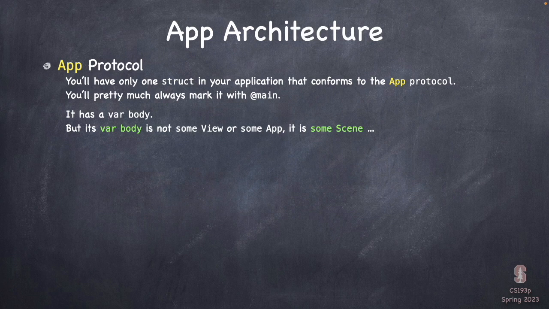So app is just a protocol, just like view is a protocol. It seems very similar, actually, when you look at your @main program and you have your emoji art app. It has a var body, just like view has a var body, but the type of the var body in app is some scene, not some view, some scene. So your app is structured as you've got this app, which is this app protocol thing, and then you've got multiple scenes.